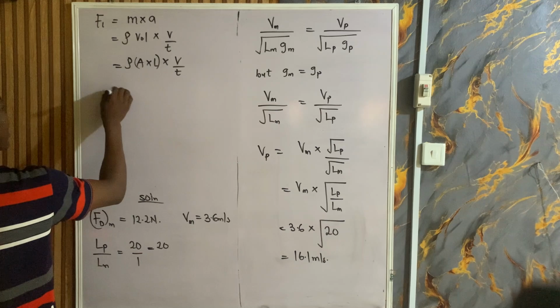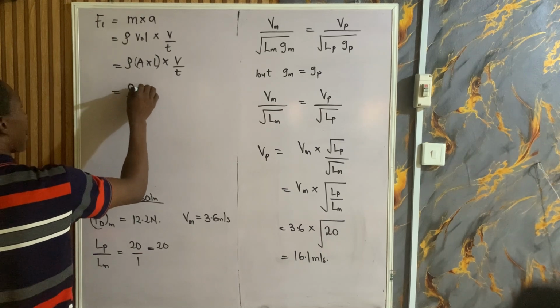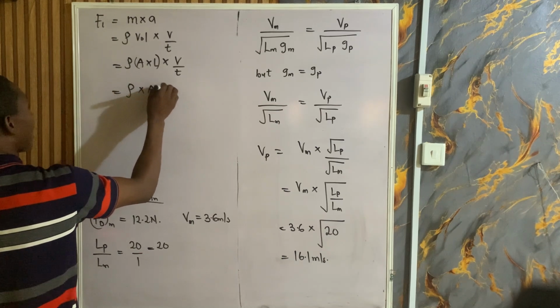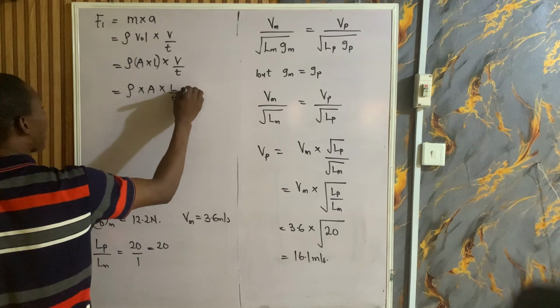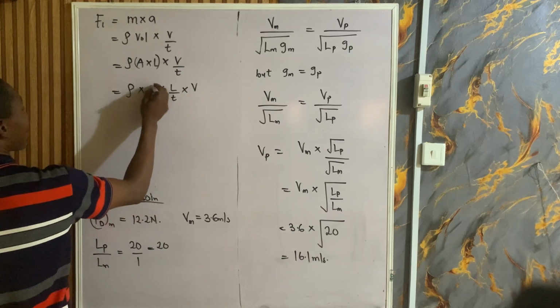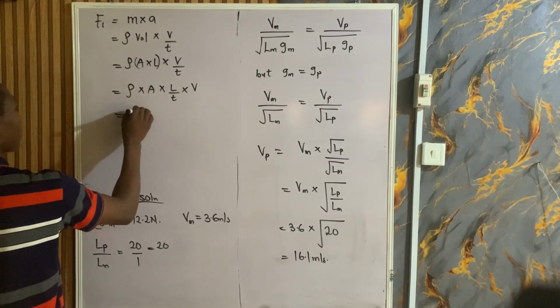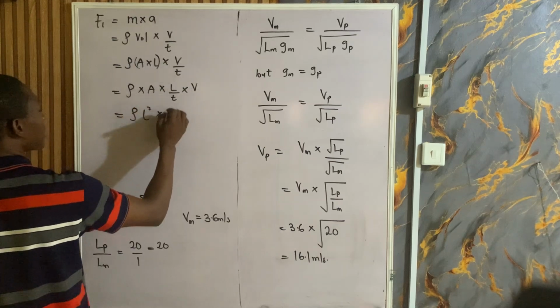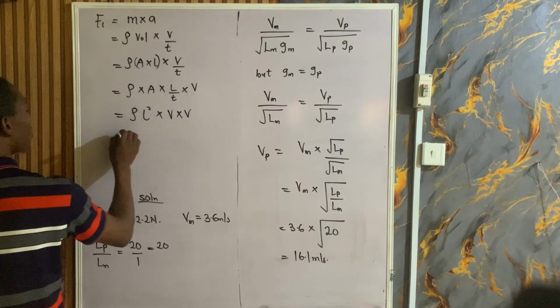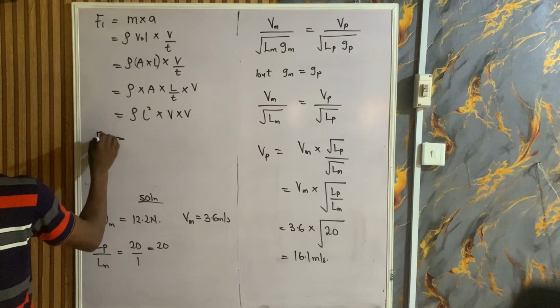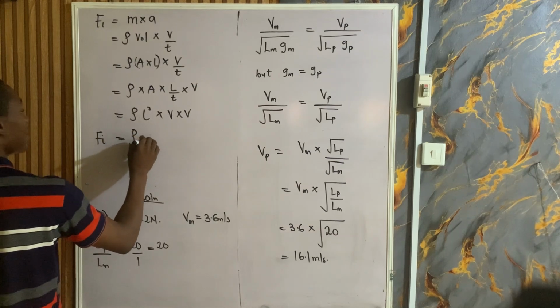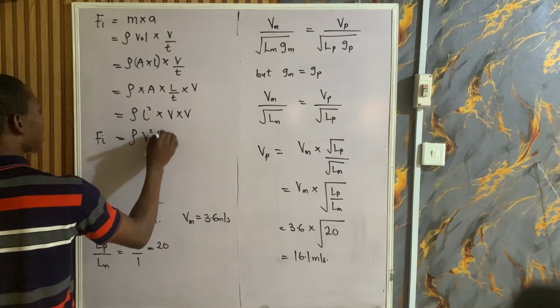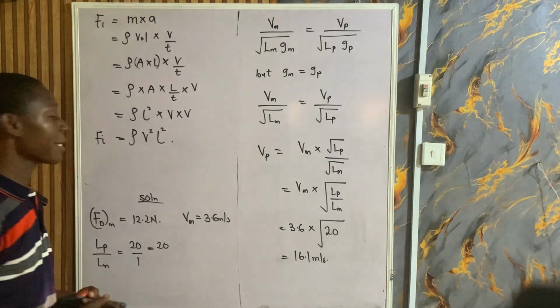This can be readjusted into density times area times L over T times V. Our area can change to length squared, and L over T is velocity, so velocity times velocity. Our inertial force can be calculated using density times velocity squared times length squared. Please take note of that.